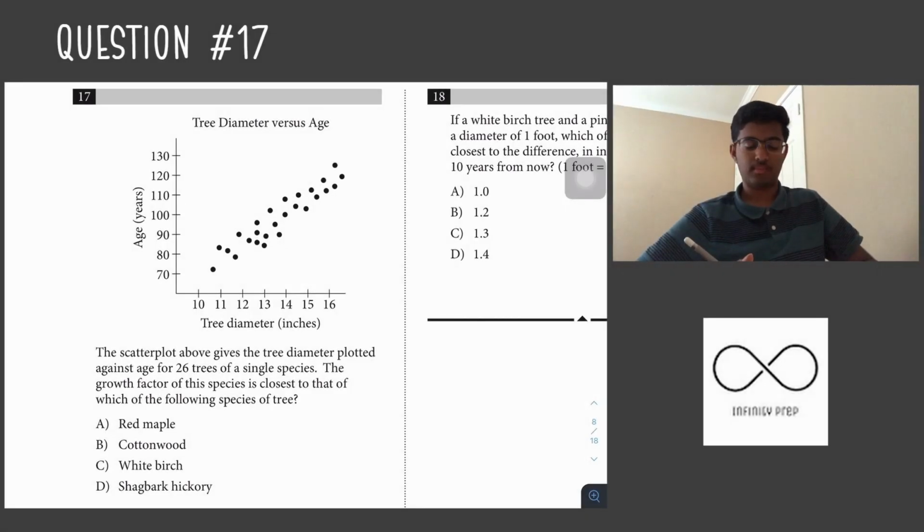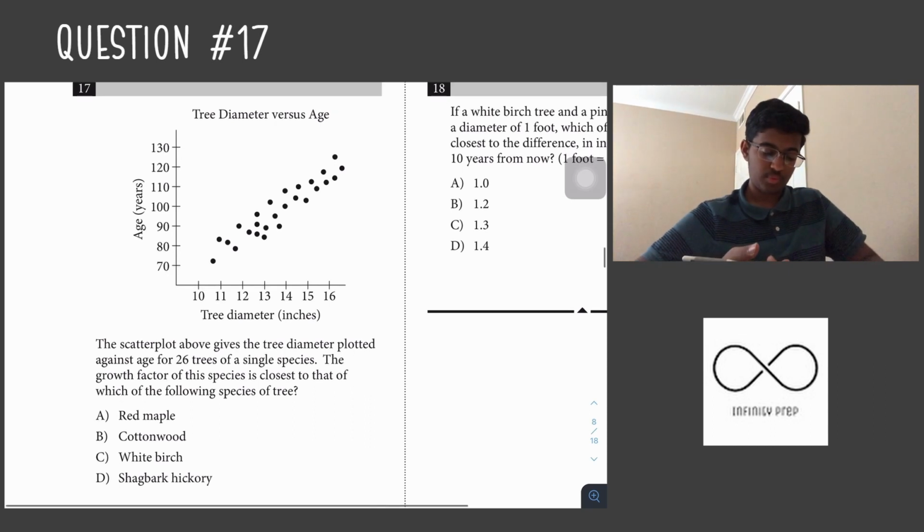Question number 17. The scatter plot above gives a tree diameter plotted against the age for 26 trees of a single species. The growth factor of this species is closest to that of which of the following species of tree? To solve this, we need to find the growth factor of the species depicted in the scatter plot.